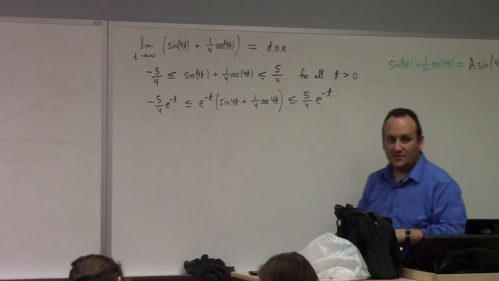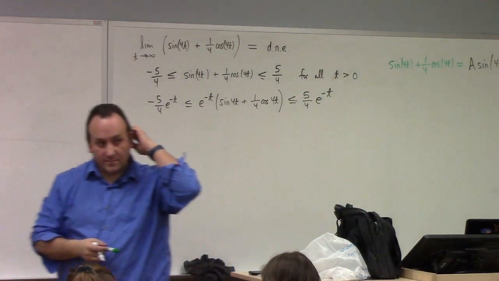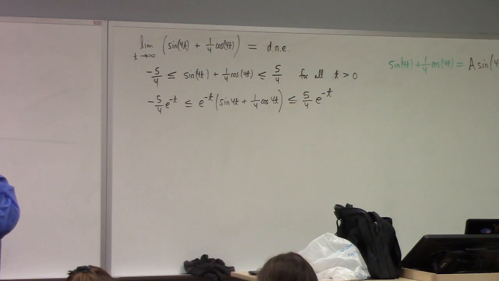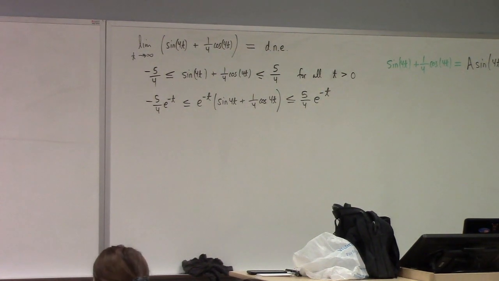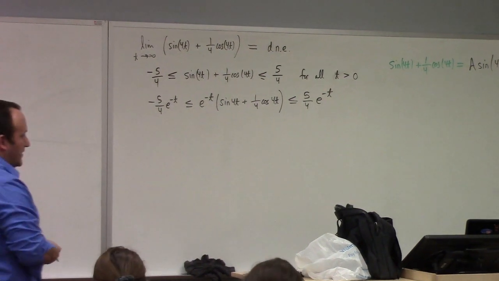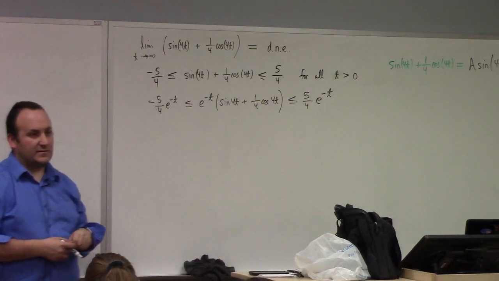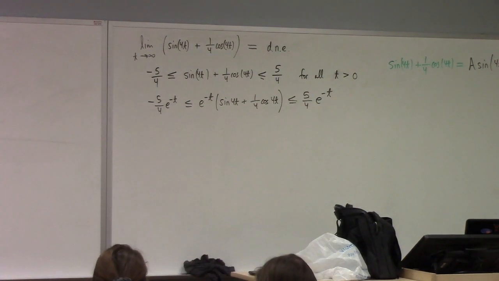You can pick an A and you can pick a delta to make that equality happen. Because you're adding two sinusoids at the same frequency, they can be written by principle of superposition as a single sinusoid with a particular amplitude and a particular phase angle. And with that, I could actually find optimal bounds between plus or minus A. But I don't want to go through all that because I'm just trying to show this thing is 0.